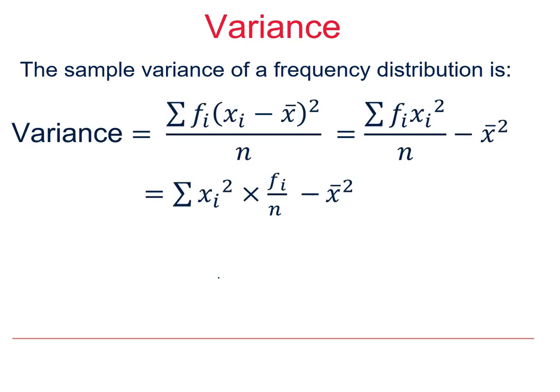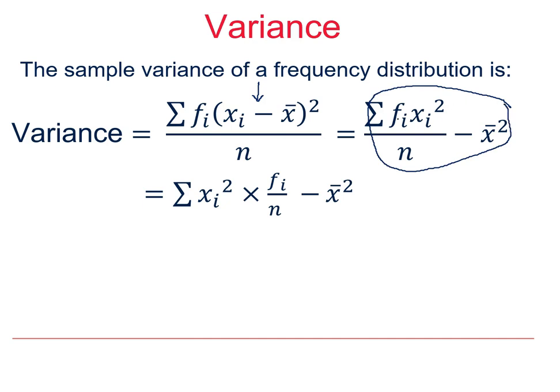And the sample variance, you may be used to any of these formulae here. This one is quite awkward, having to work out, if you like, the average of the distances squared of each outcome from the mean. I think this formula is probably the one you're more used to.